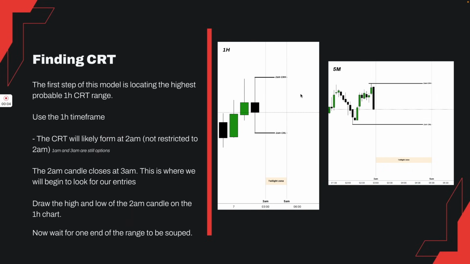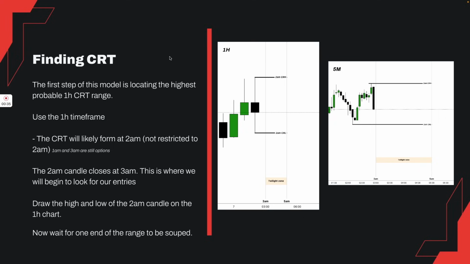Now let's focus on finding the correct CRT. As a beginner, you're going to want to draw out your 3 a.m. to 5 a.m. time zone. I marked it right here, Twilight Zone. The first step of this model is locating the highest probability 1-hour CRT range. You're going to use the 1-hour time frame.